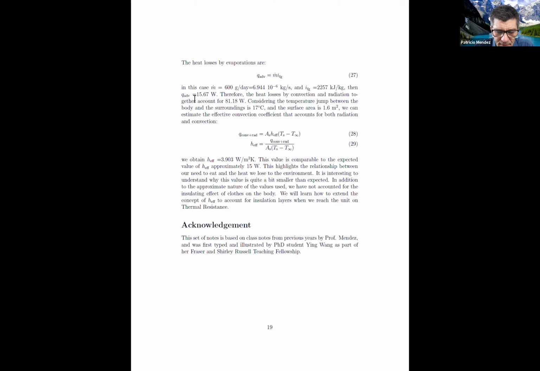And what this says is the energy we lose by this advection through our control volume is of the order of just almost 16 watts. So we eat almost 100 watts, we lose almost 16 watts in our breathing and in our perspiration.